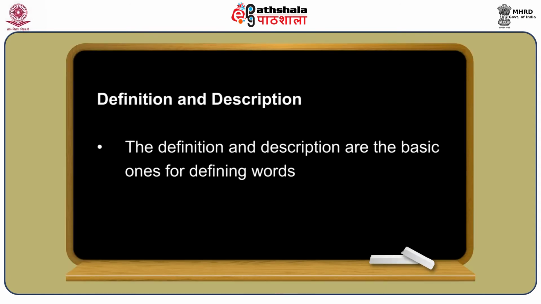And naturally, the two systems should be sharply distinguished in the usual way, the phonetic transcription being set off by square brackets, the phonemic transcriptions with diagonal lines. Definitions and descriptions. The definition and descriptions are the basic ones for defining words.